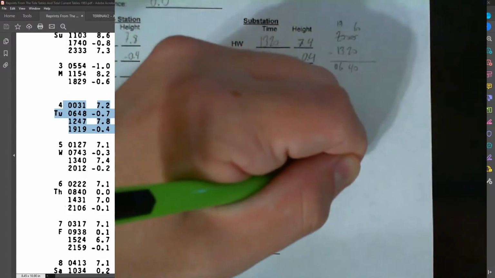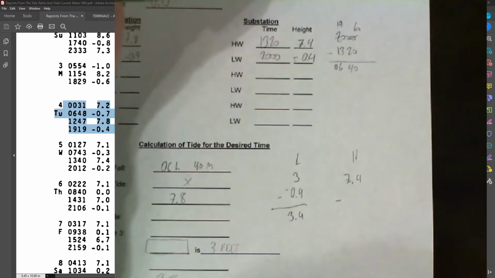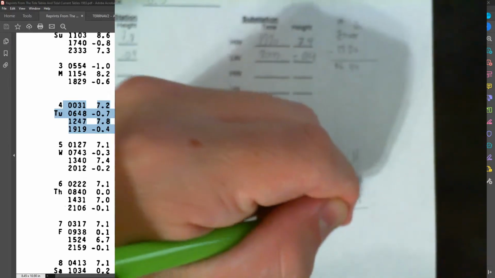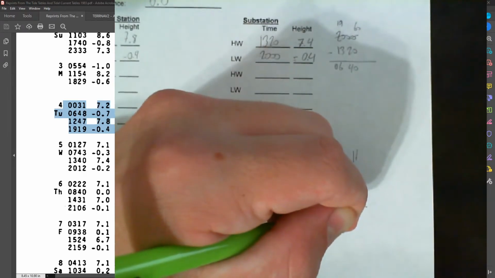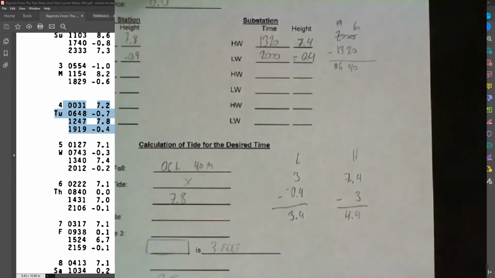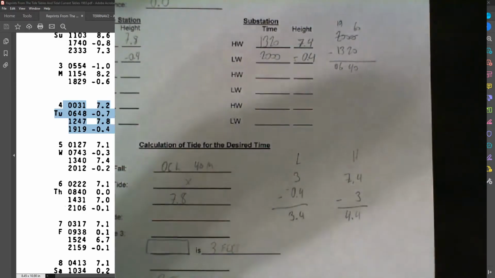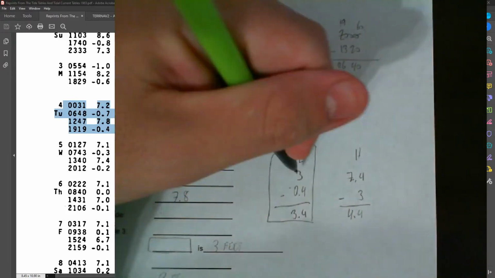High would be 7.4 minus 3, which is 4.4. Whichever one of these is lesser is the one that is closest to use for the problem, which would obviously be L, the low water.